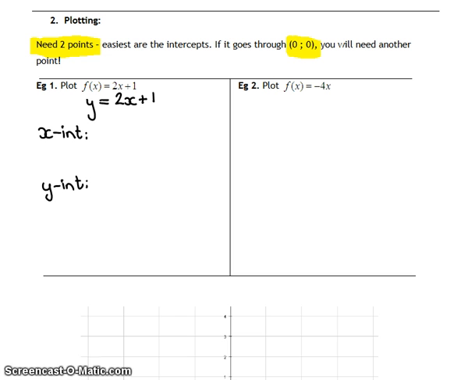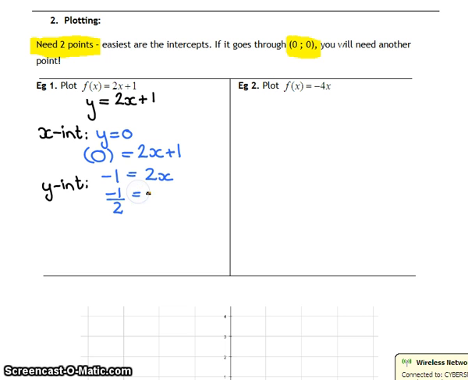We know that at our x-intercept, our y value is 0, which means I can substitute in 0 for y, which gives 0 equals 2x plus 1. I can subtract 1 on both sides, and then I can divide by 2 on both sides, and I get x is equal to negative a half.